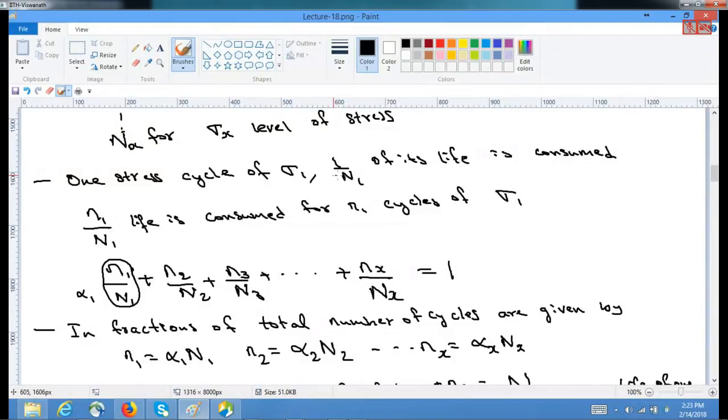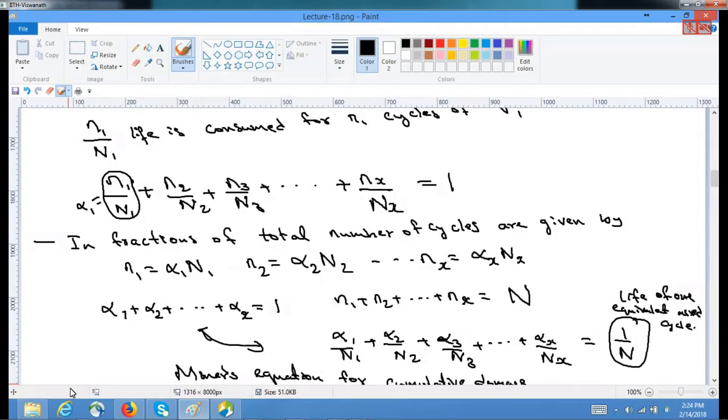So if we have n1 cycles, the total life consumed is n1 by N1. That is consumed by this one, and this is n2 by N2, n3 by N3, and so on. But we also know that the sum of all these fractions, which we call alpha, is equal to 1, and we have this relationship.